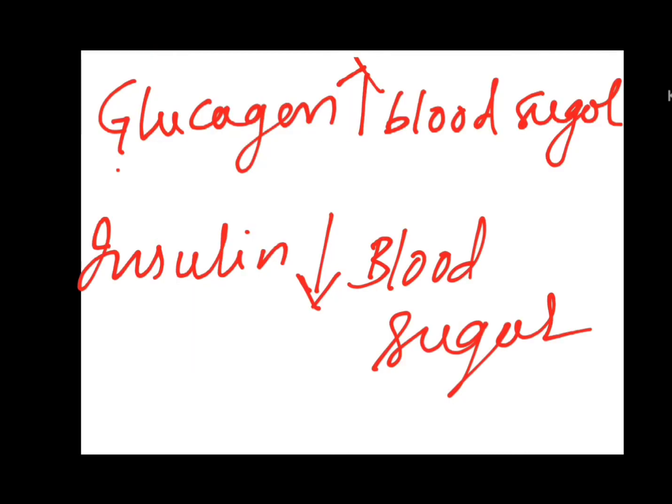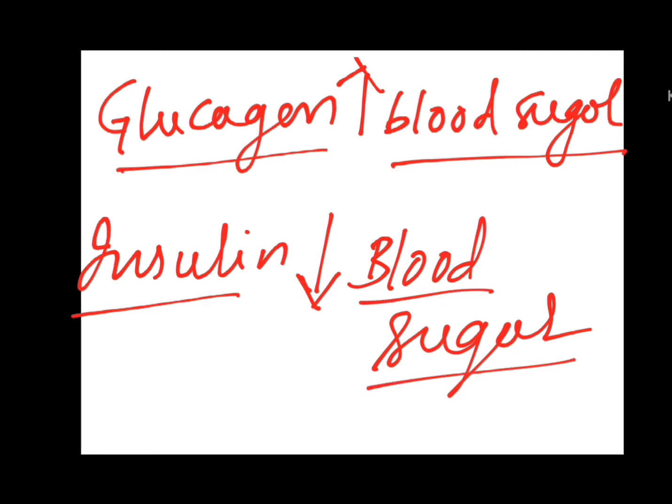To explain it simply, glucagon increases blood sugar level and insulin decreases blood sugar level. This you have to remember. When glucagon is released into the blood, it helps increase the blood sugar level, and when insulin is released, it helps decrease the blood sugar level.